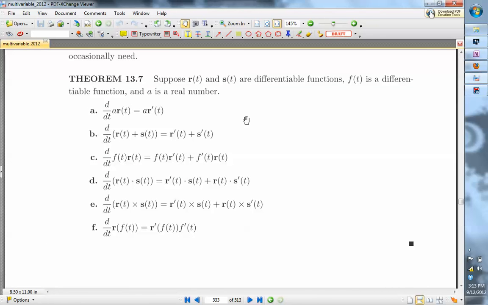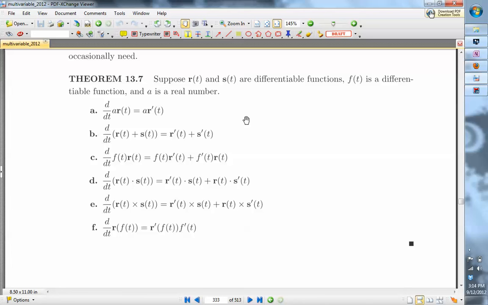Here in this theorem, it has lots of parts. We're assuming that R and S are vector functions, F is a scalar function, and A is a constant, some scalar. So let me point something out.